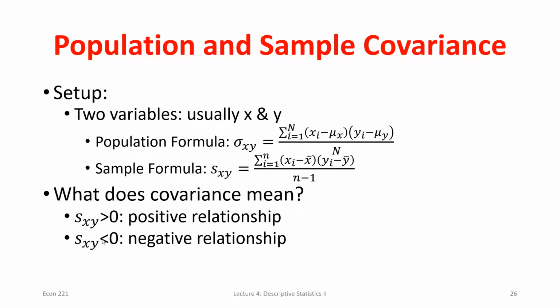If the covariance I calculate is negative, that means on average, these two variables tend to be on different sides of the average. When one of them is low, the other tends to be high. And if I get something that's close to 0, there's really just not a lot of evidence that these two things are correlated at all. If I get something that's 0, it's probably because there were a lot of observations where height and weight were on the same side of the average, but also a lot of observations where they were on different sides, and they all canceled each other out.